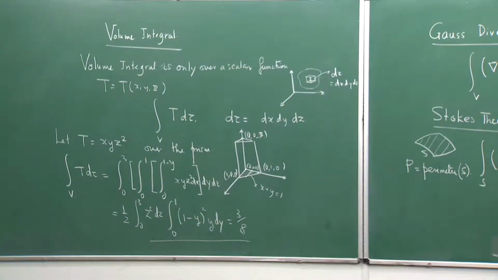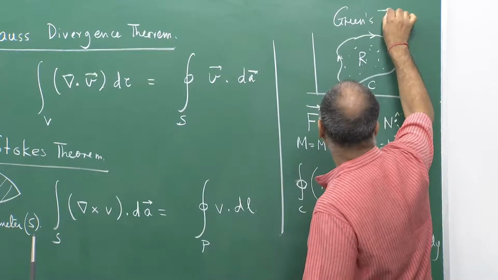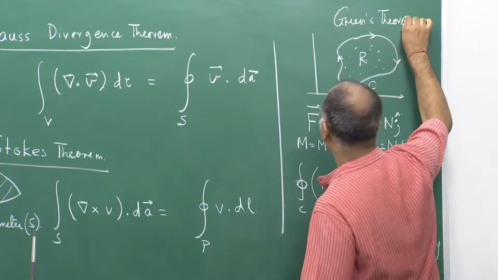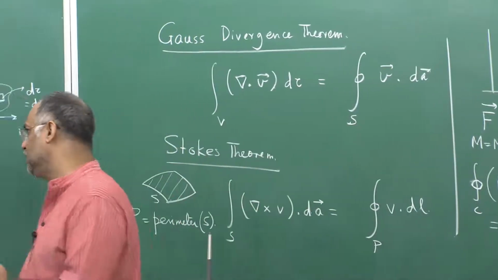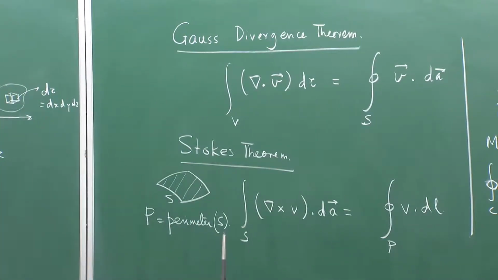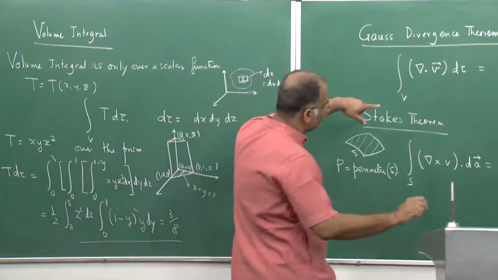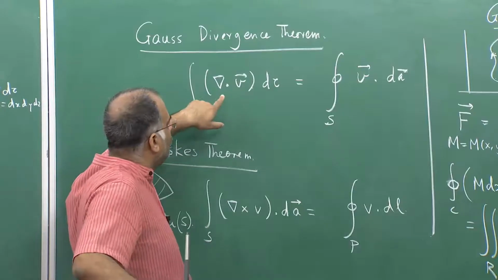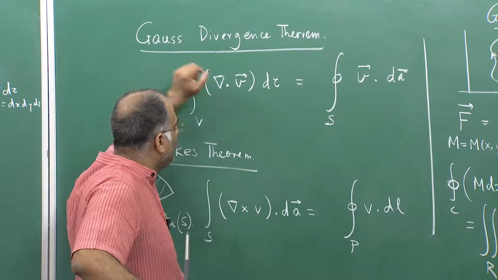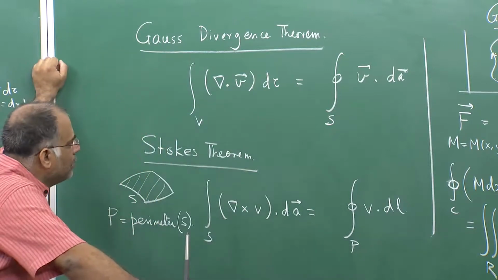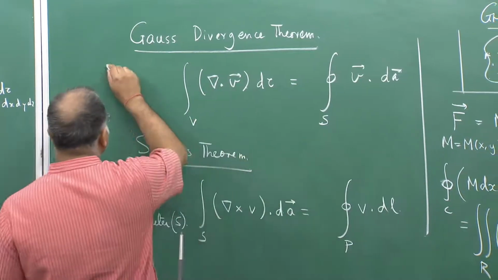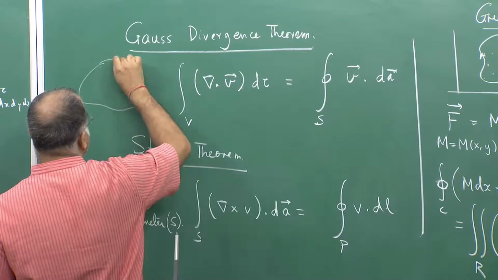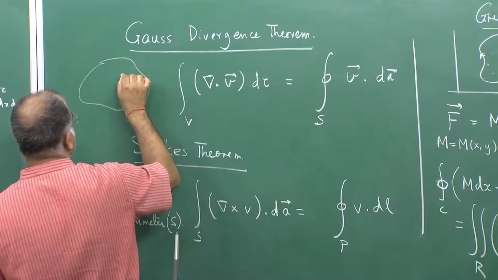Now, I come to some important theorems here. I will first mention the Gauss divergence theorem, which relates the volume integral and a surface integral. It tells you that if you are trying to compute the volume integral of the divergence of a vector over the volume of an object, these are 3-dimensional objects, say like this.